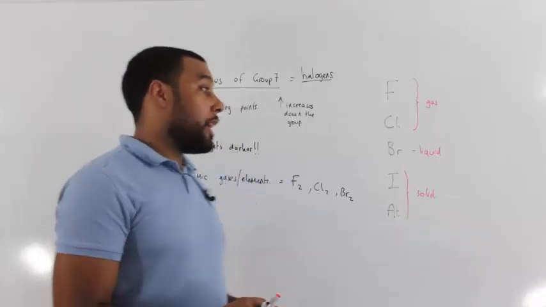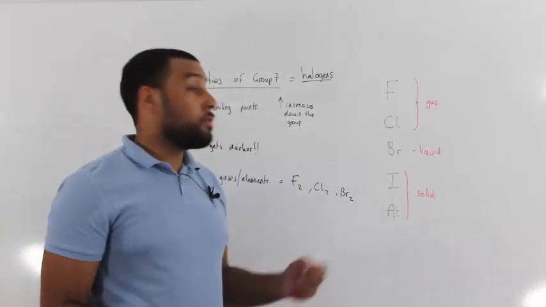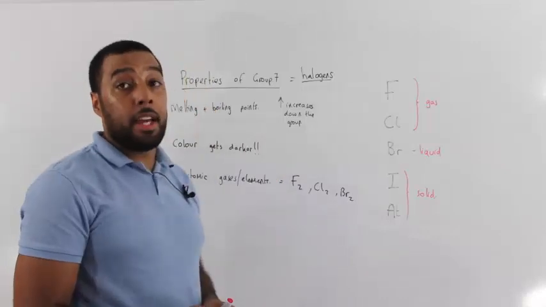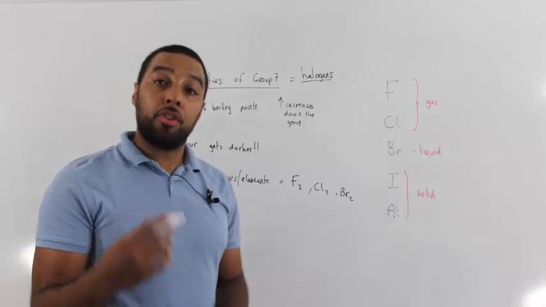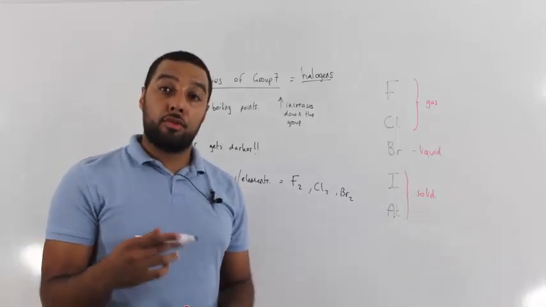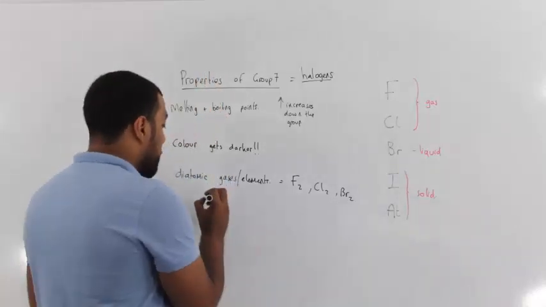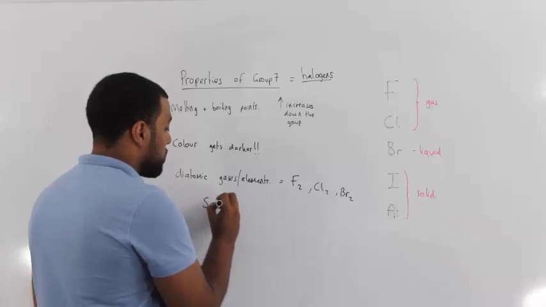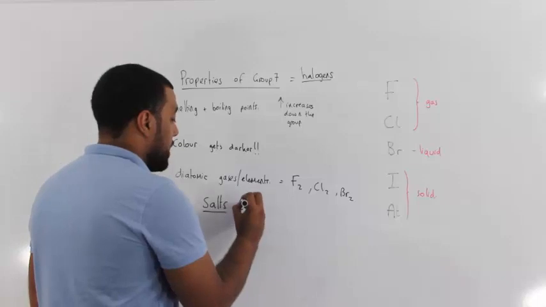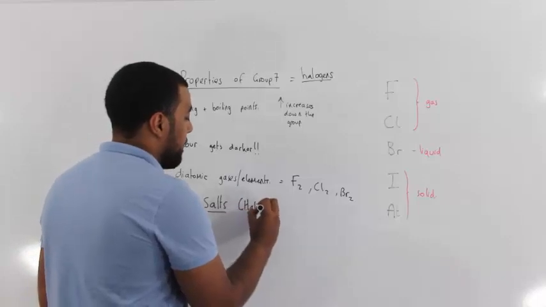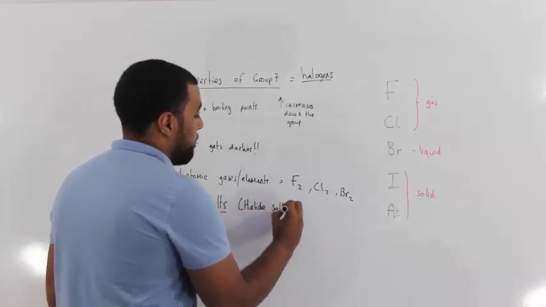But let's look at some other reactions to do with the group 7 halogens, because they all react with metals, and when the group 7 halogens react with metals, they form salts. And you may hear of these being called the halide salts.